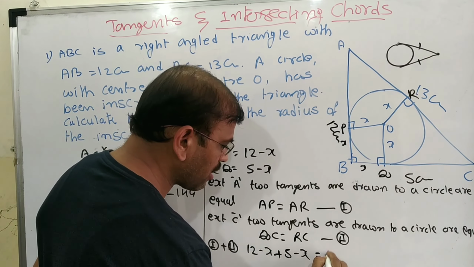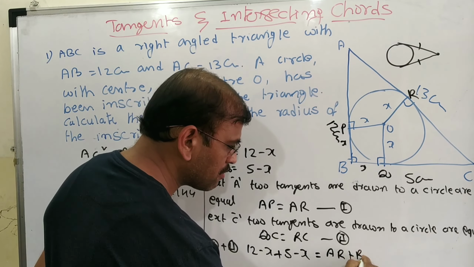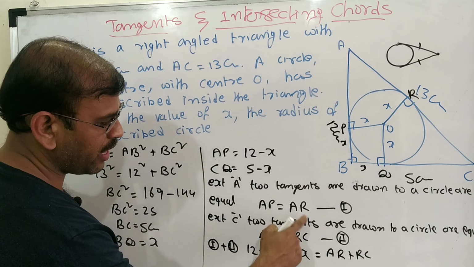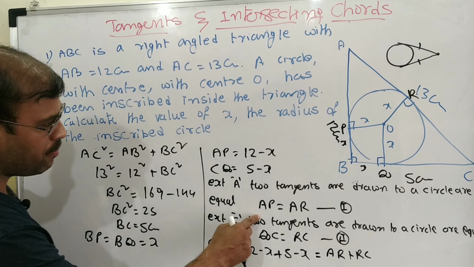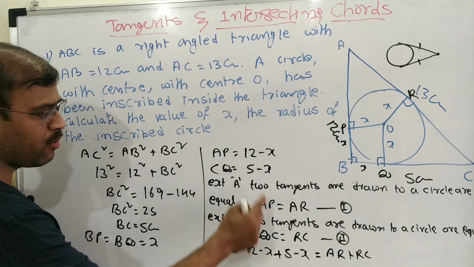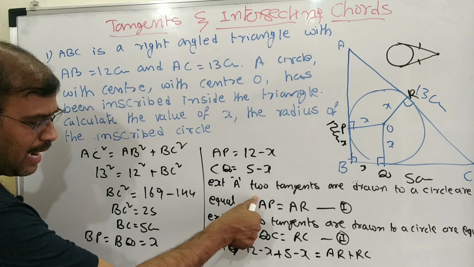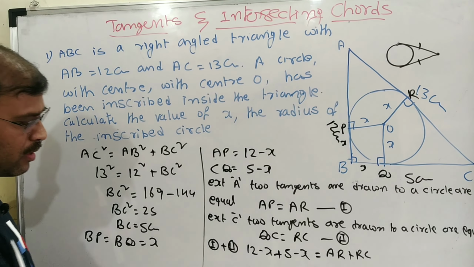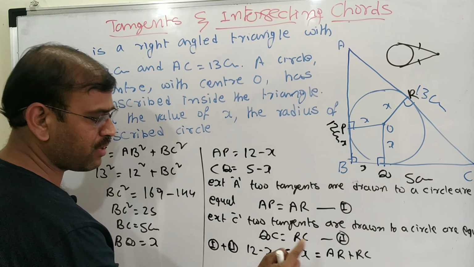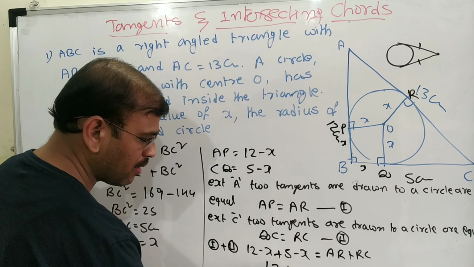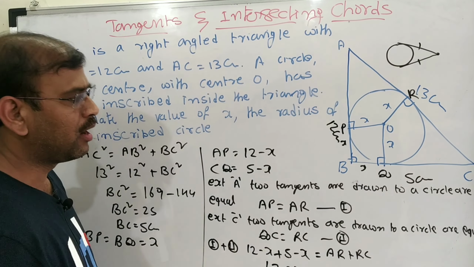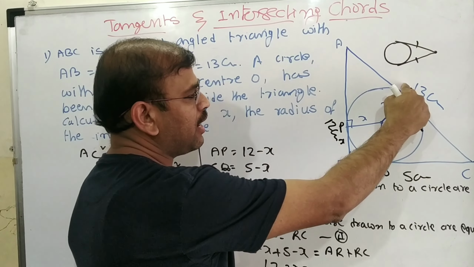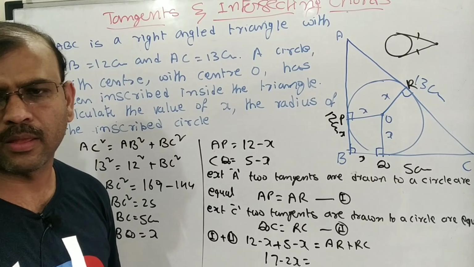So what do I get on the right hand side? AR plus RC. AP value is 12 minus x, CQ value is 5 minus x. Left hand side things I added, so 12 plus 5, 17 minus 2x. Now look carefully.